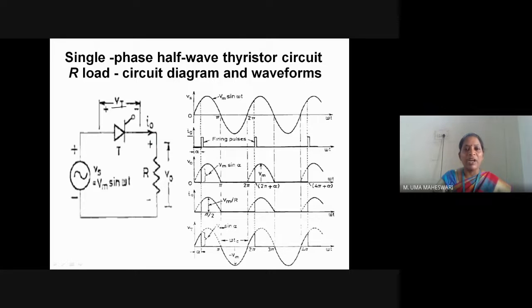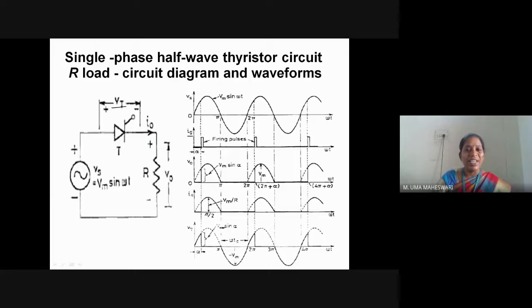At instant alpha, what is happening? The trigger pulse is given to the SCR. The SCR is already forward biased from omega t equal to 0, so now the trigger pulse at alpha turns the SCR on. As soon as the SCR turns on, it acts as a closed switch. Power flows from the source to the load through the SCR, there is a flow of current I naught, and a voltage is generated across the load, represented as V naught.